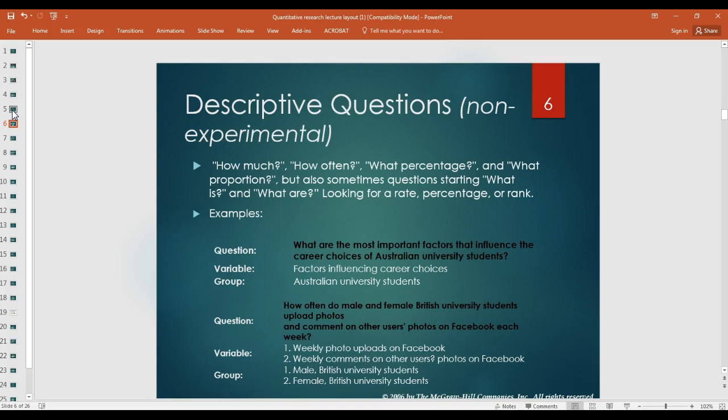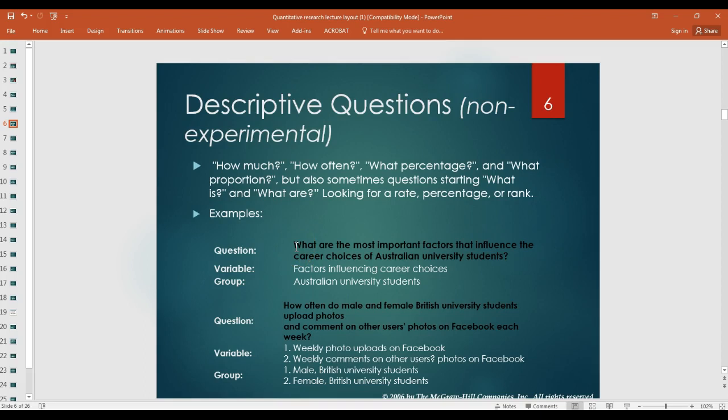You'll ask questions like how much, how often, what percentage, what are, and you're looking for a rate or a percentage at the end to describe the variable. So let's look at an example descriptive, non-experimental quantitative research question.